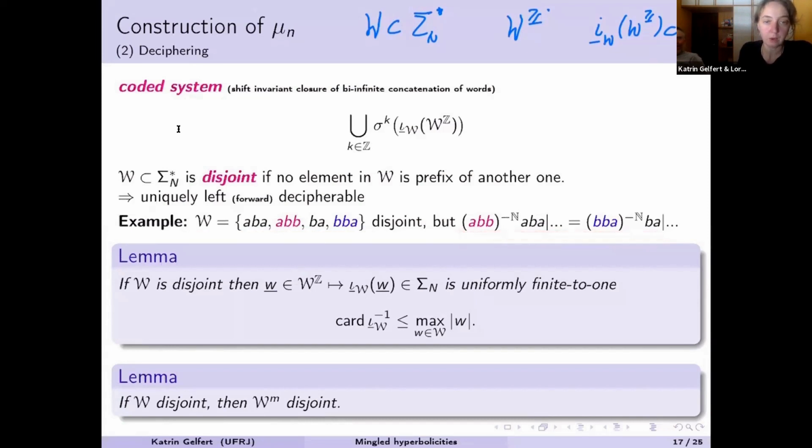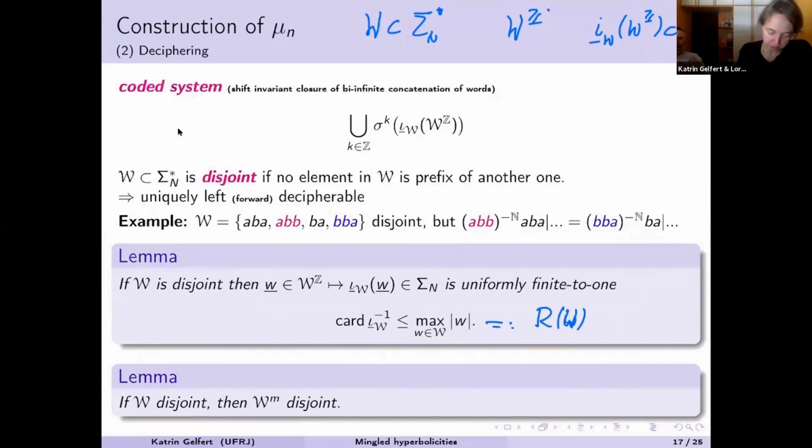However, there's only a finite number of decodings possible if the set is disjoint, and the maximal number of decodings is just the maximal word length of the set of words.